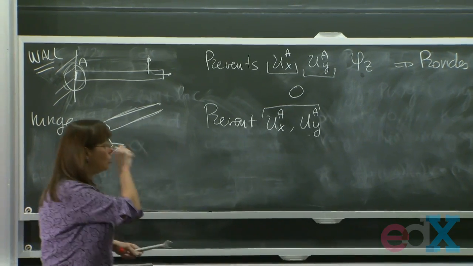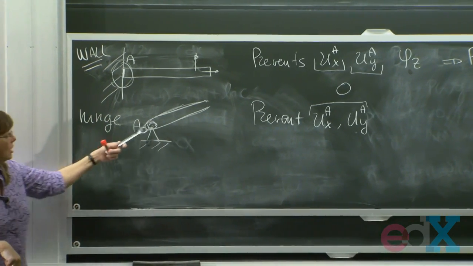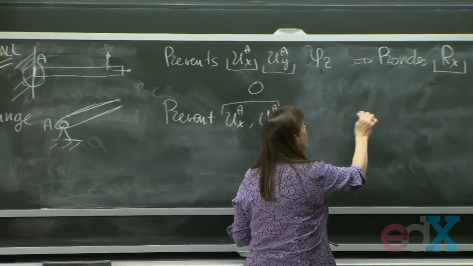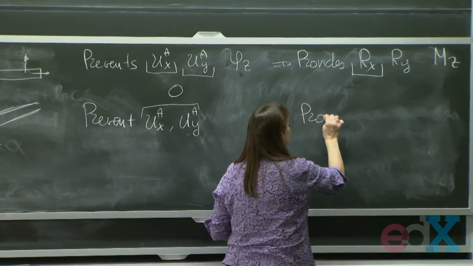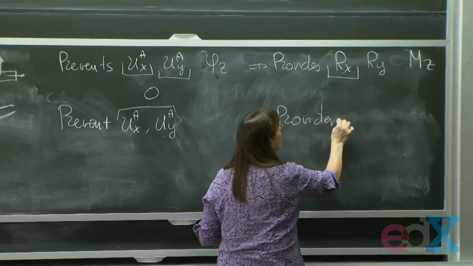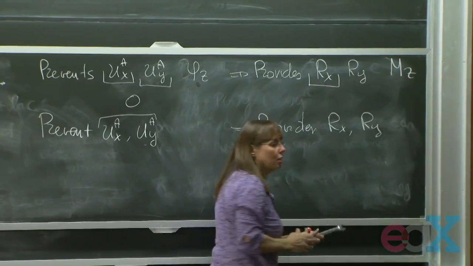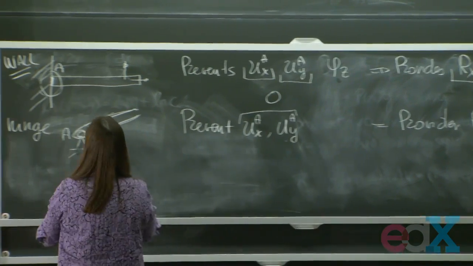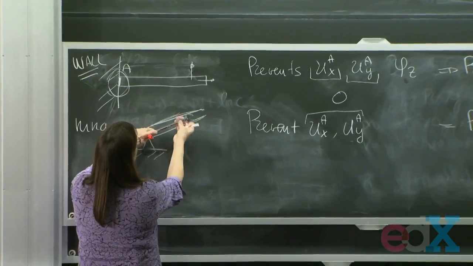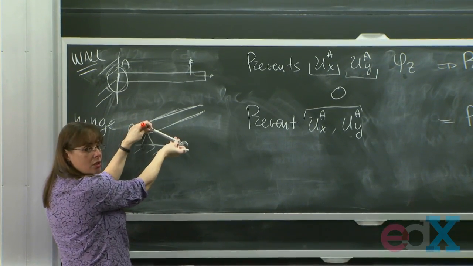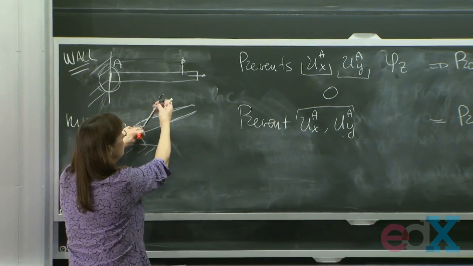If the pin wants to dictate the fact that this thing cannot move, it's got to do something about it. So the pin provides Rx and Ry. The pin does not provide moments, so it cannot say anything about rotations. The bar is free to rotate.